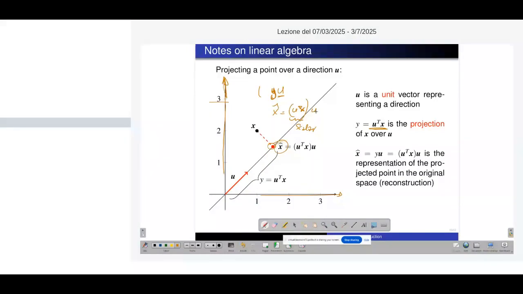Of course, all this works if u is a unit vector. If it's not, you will need to do some scaling. That's why we use unit vectors. So this x hat is the representation of our projection in the original space.